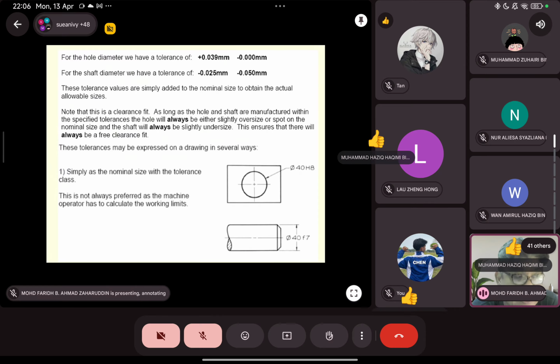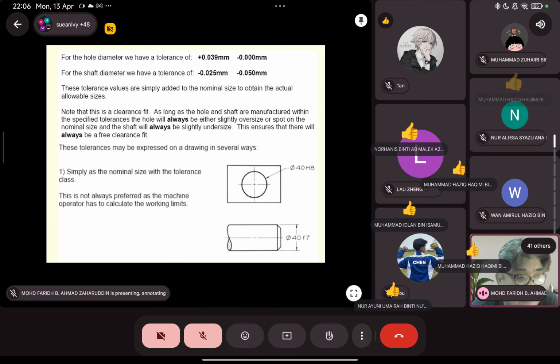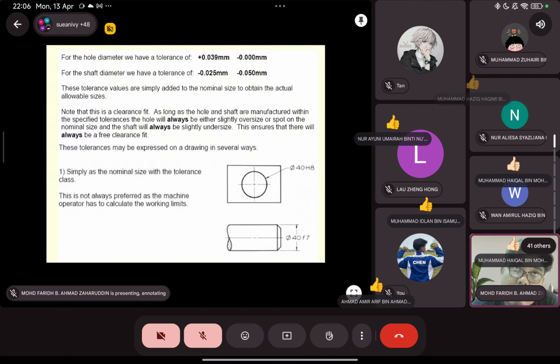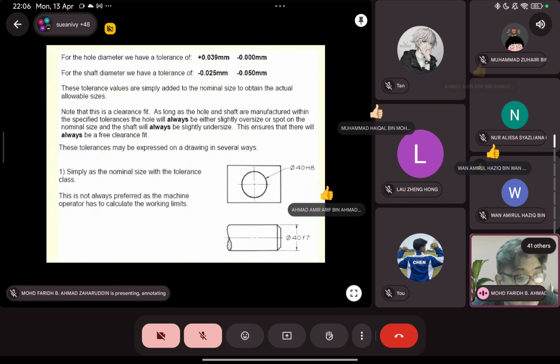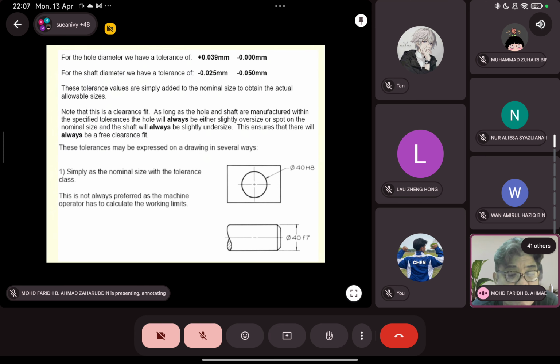We will do some calculation. I will try to give some questions, maybe late tomorrow morning. You can have a look and we will discuss at night. 8 o'clock, please guys, tolong datang. And also we will try to check some of the questions from the past test 1.